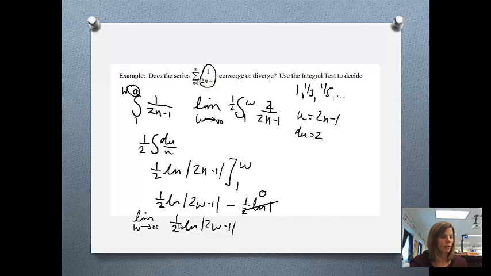So now if we plug in infinity for the w, we will get infinity. So since we got infinity, since the integral diverges, so does the series. So now we can say that the sum diverges. And that's pretty much the integral test. You'll definitely want to use this when it looks like it's easy to take the integral of whatever you're doing.